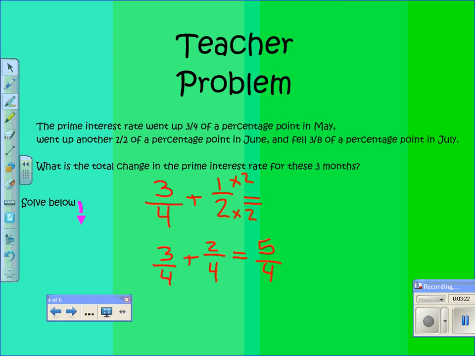So 5/4 minus 3/8 equals. You must times the 5/4 by 2. And that equals 5 times 2 is 10, 4 times 2 is 8, and the 3/8 stays the same.